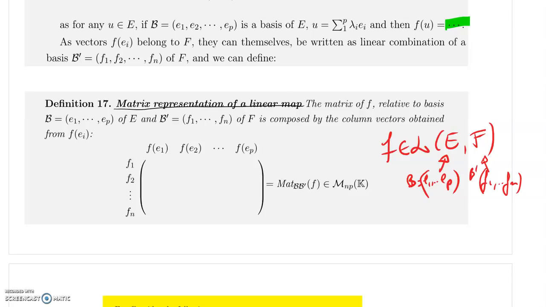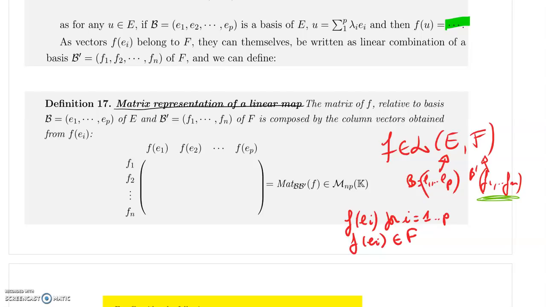And so if I want to determine entirely my map F, I have to know the image F of EI for I equals 1 to P. And as F of EI belong to the codomain F, they will be expressed naturally as linear combinations of the basis items of the codomain.